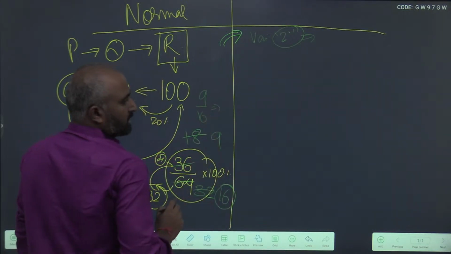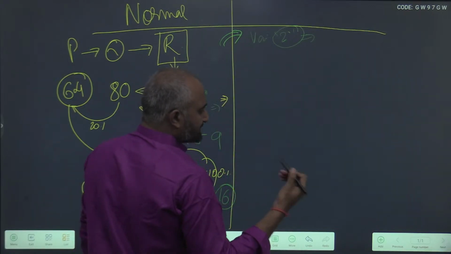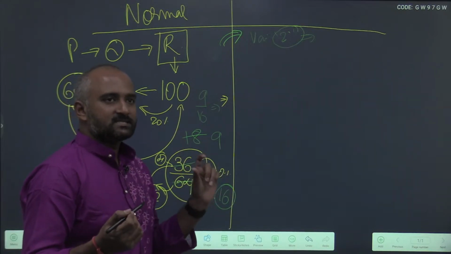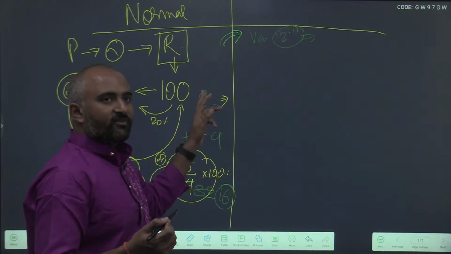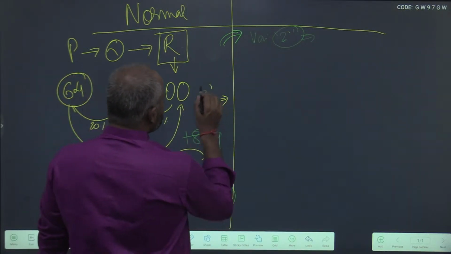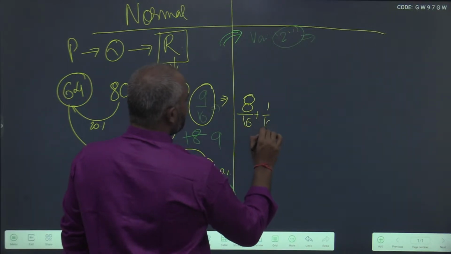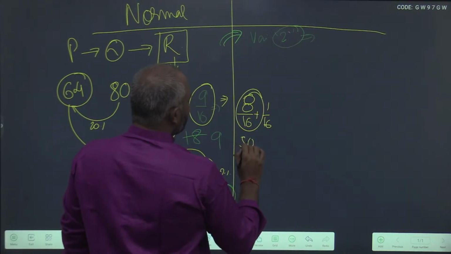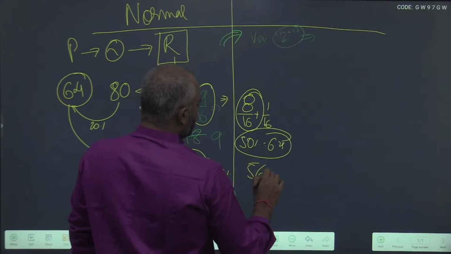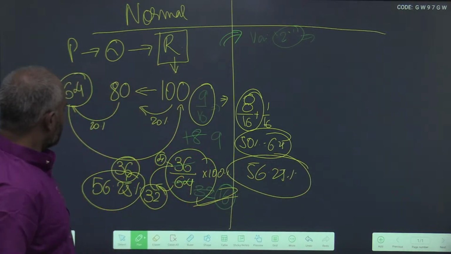If you remember yesterday's class well, the first point we discussed was fraction to percentage conversion. So what is 9 by 16? Can I write this as 8 by 16 plus 1 by 16? 8 by 16 is 50%, 1 by 16 is 6.25%. So it is 56.25%, which is the same as this.